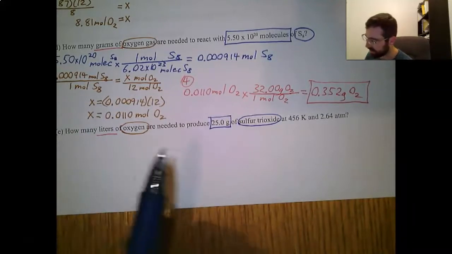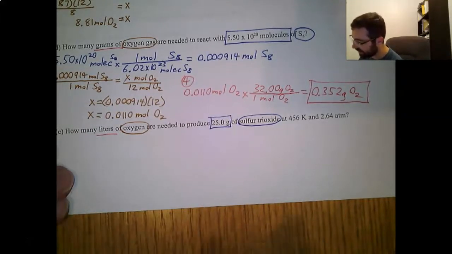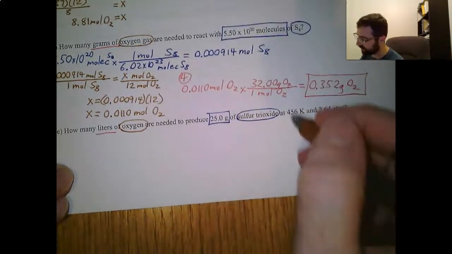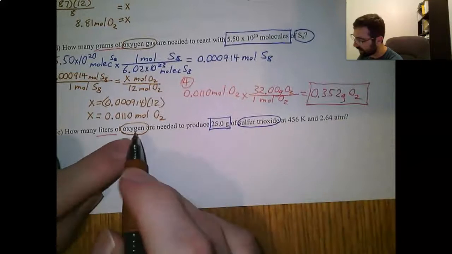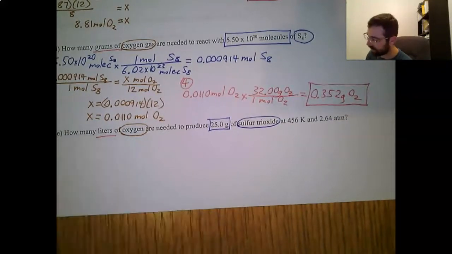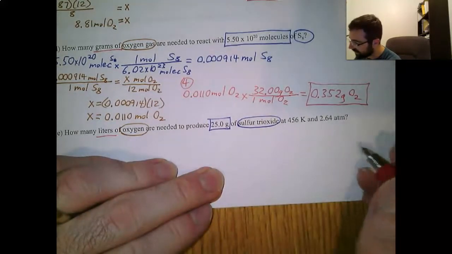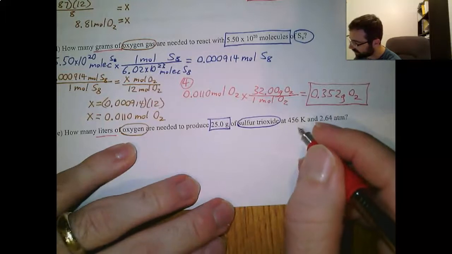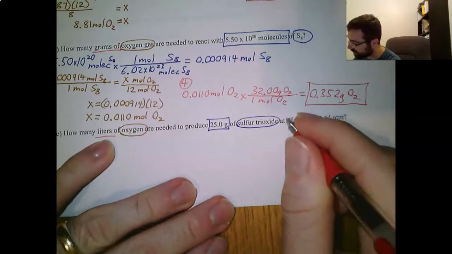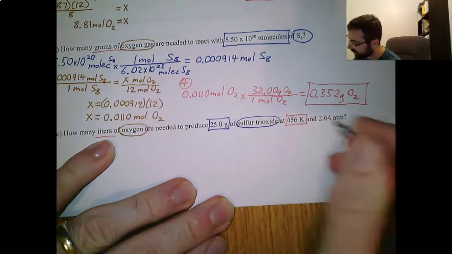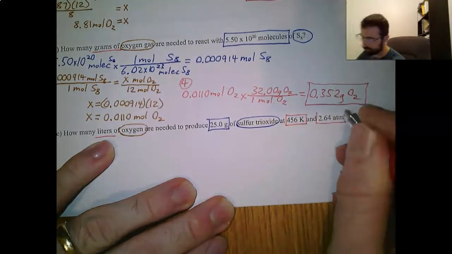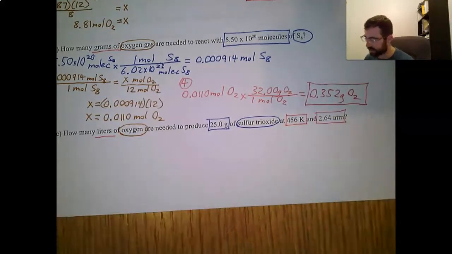So really this liters is related to these over here. I'm looking for how much oxygen I need for this reaction. And once I find the number of moles, I'm going to convert it to liters by using temperature and pressure, using the ideal gas law.